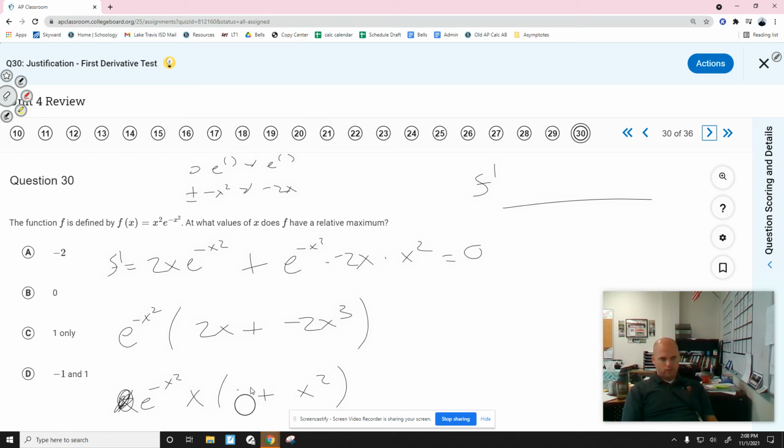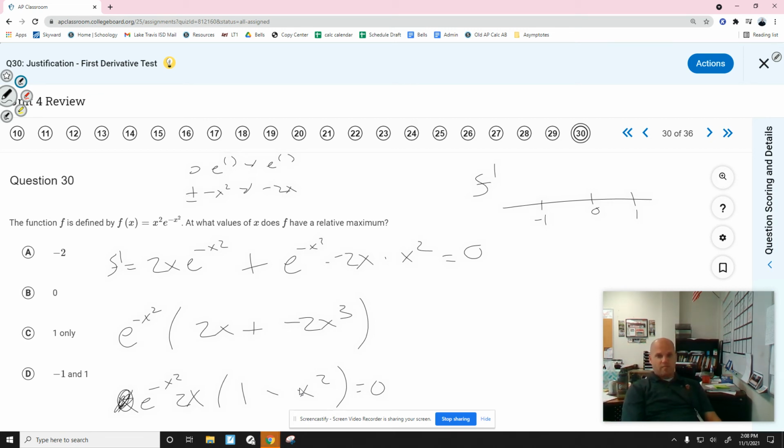I'm going to factor out 2x, because then it'll be 1 minus x squared. That gives me three solutions: negative 1, 0, and 1. I could factor this to be 1 minus x, 1 plus x if I wanted to.